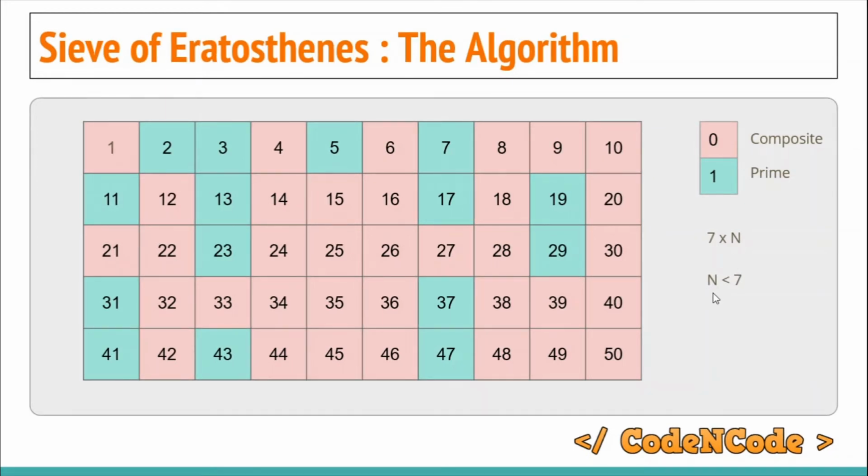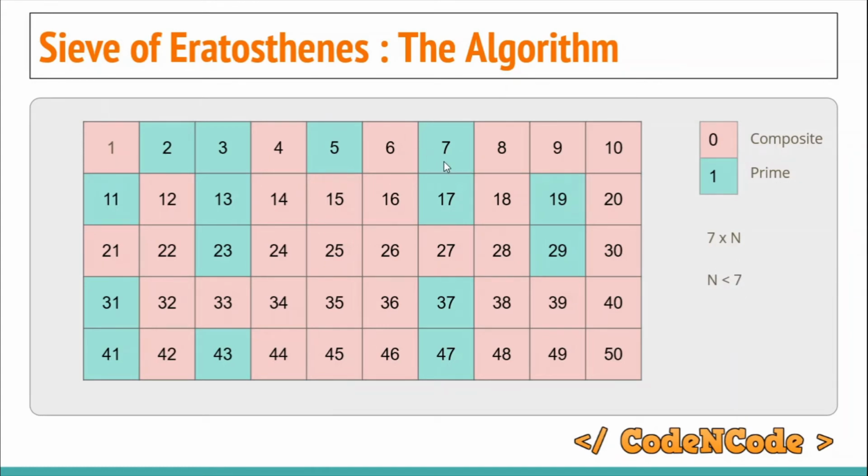And even if n is a composite number, it would be a multiple of some other prime, and we would have marked it while marking for that prime. For example, if n is 6, 6 is a multiple of 2 primes, 2 and 3. So while we were marking for 2, we would have already marked 42 out. So we don't have to worry about all the numbers n which are smaller than the prime number itself. So we have to start from the square of the prime number.